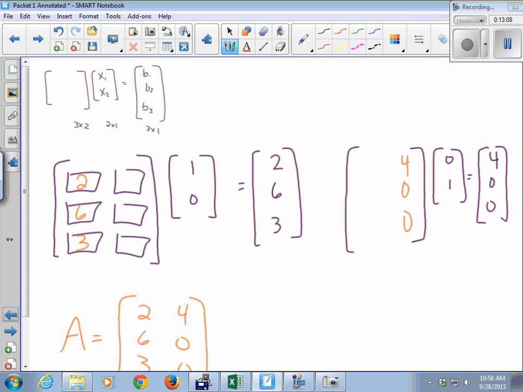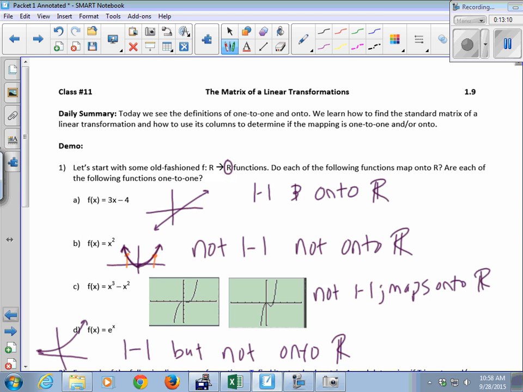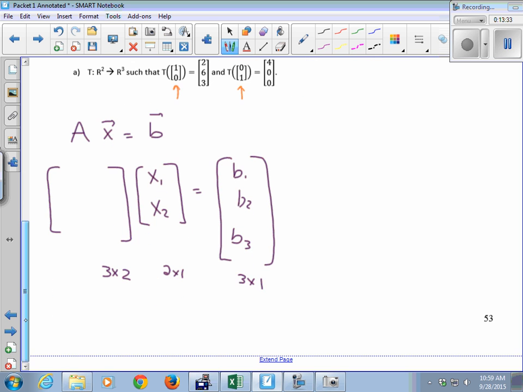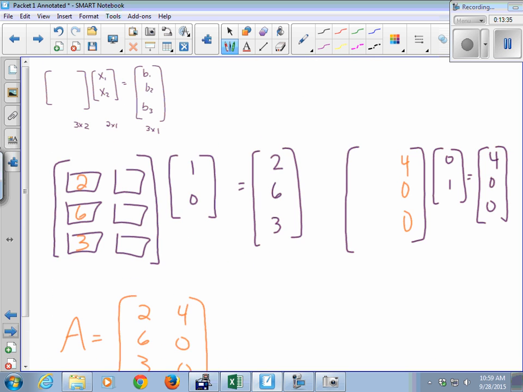Okay, so now the rest of the question, right? The question is to find the standard matrix A. I did that, right? Found the standard matrix. Then we want to determine if T is onto and or one-to-one. We just talked about what one-to-one and onto are. Let's think about it in terms of R2 to R3. I want to see, is this one-to-one and onto?